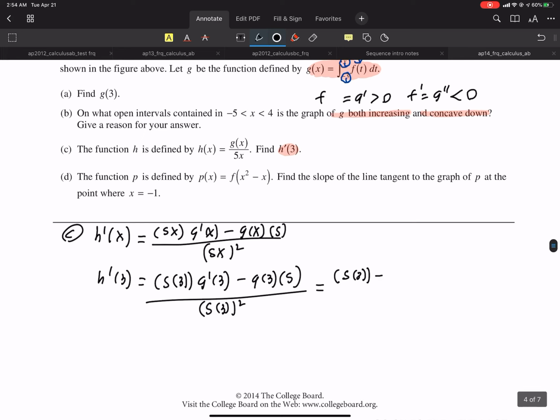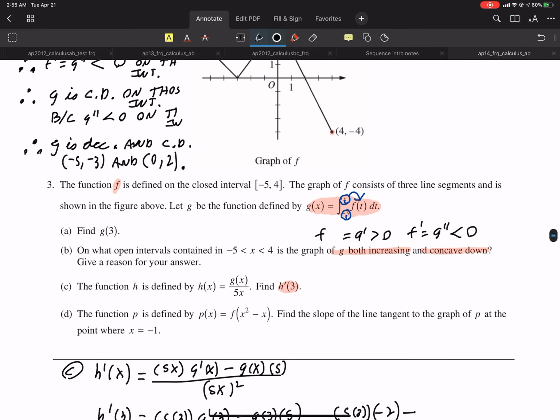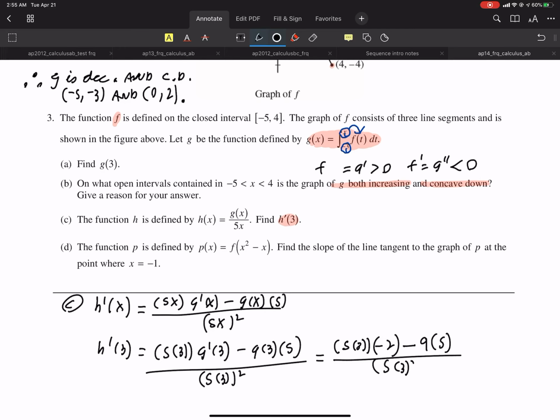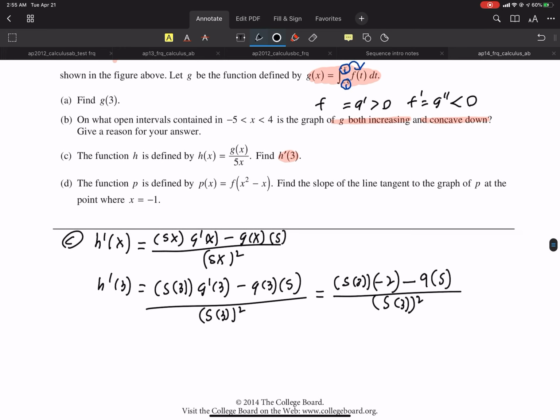Times -2. Minus, now we want G of 3. We did that in part A. In part A, G of 3 is 9. So we just place a 9 there times 5 over 5 times 3 squared. That's your answer. Leave it like that.